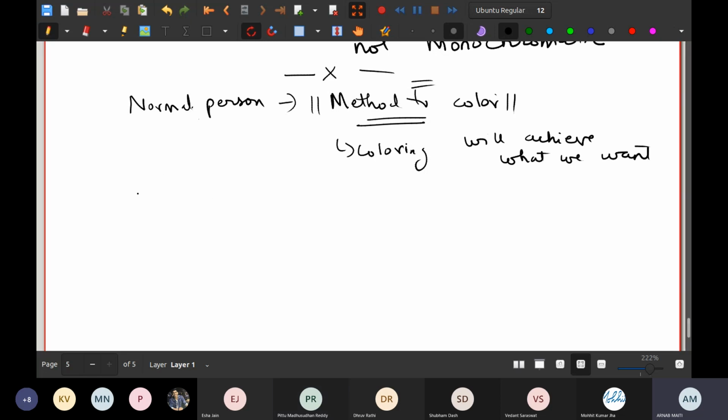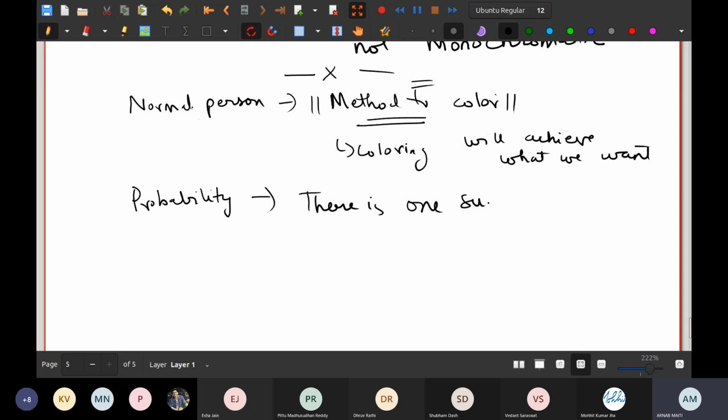But we are not normal people because we know probability now. What we need to show is that there is one such coloring. And we are not bothered with actually finding the coloring. Finding the coloring is also easy, but I won't go into that. We are just concerned with saying that there is one such coloring.